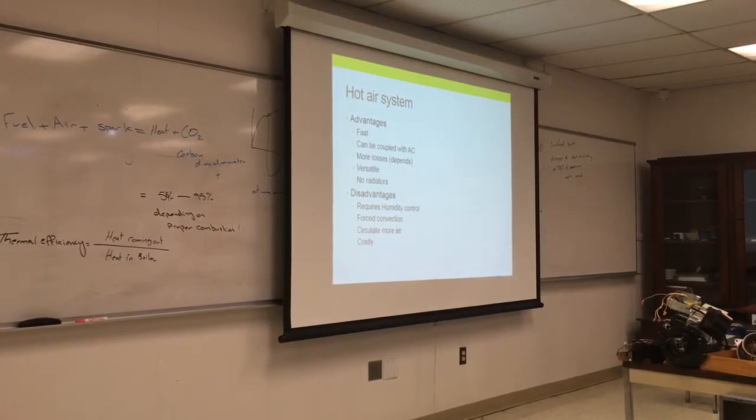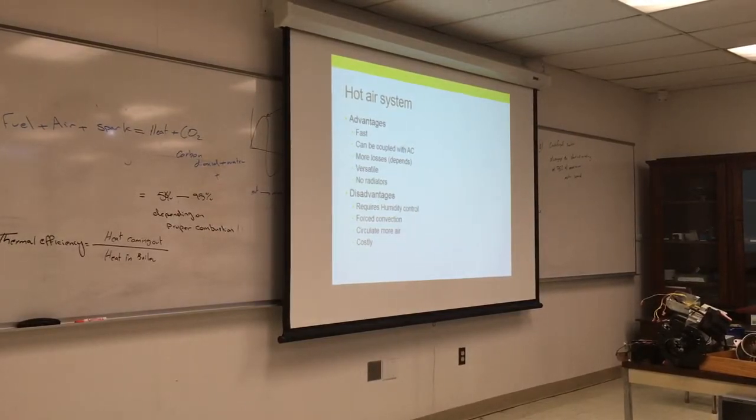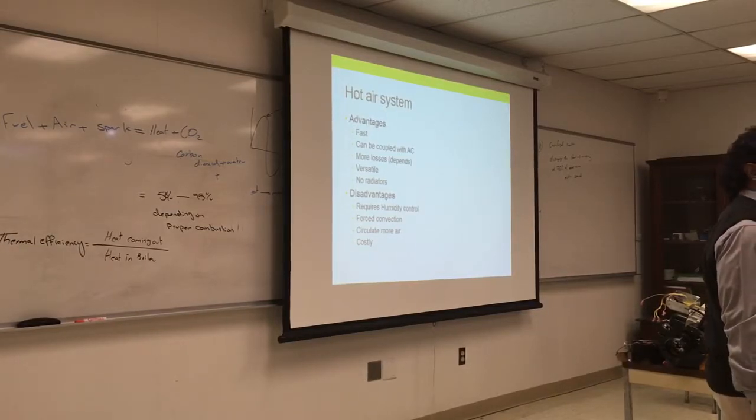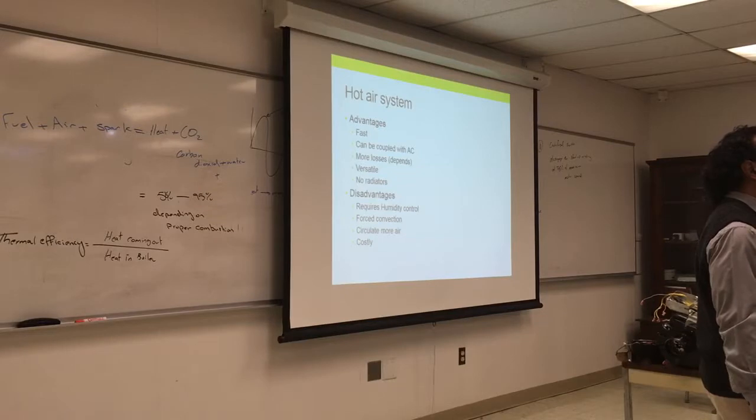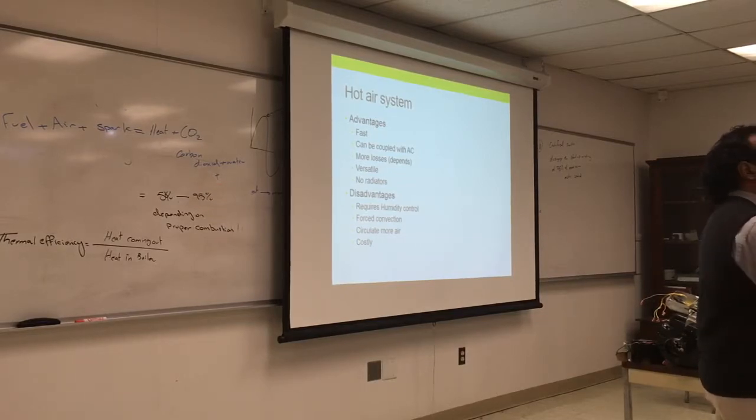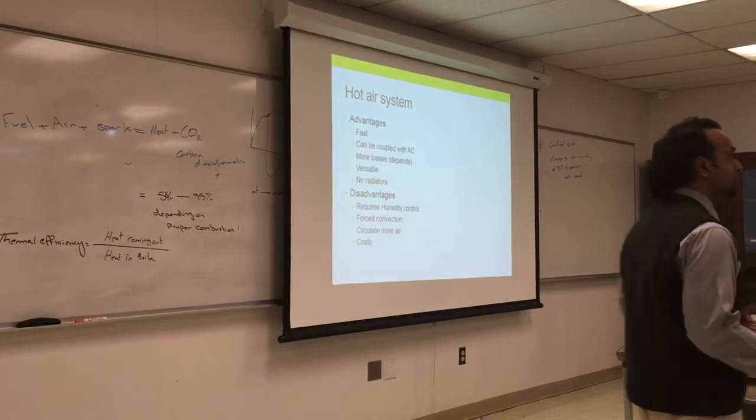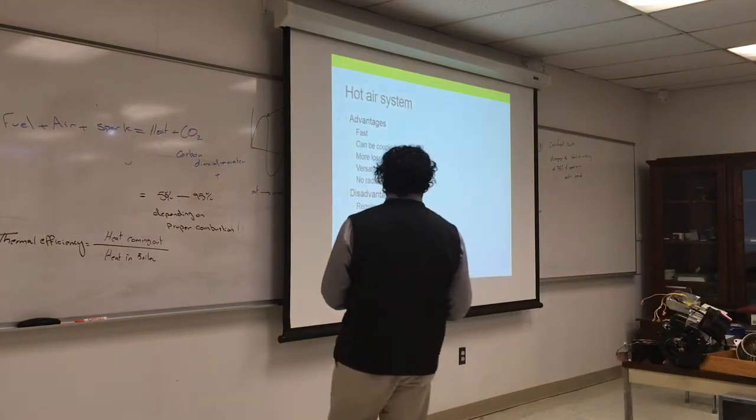Air is around you, so it will react faster to you. You'll feel it faster. Meanwhile, with the radiator here, you turn it on and you have to wait 20 minutes to feel the heat. Right? You heat the water, and the water comes in and heats the air, and the air circulates. So it's a little bit longer.